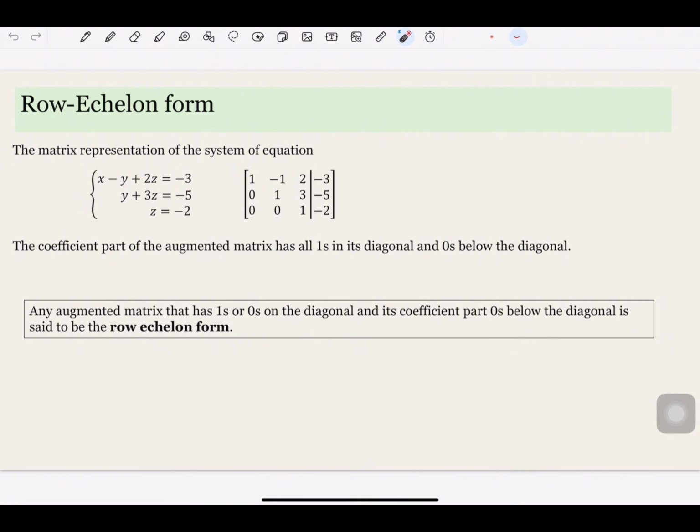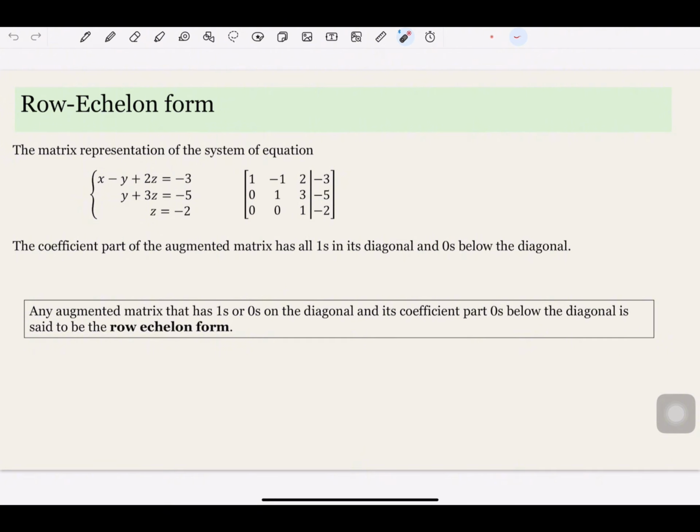Notice something interesting here. This matrix is nicely arranged. The leading entries of each row move to the right as you go down, and everything below the main diagonal of the coefficient part is 0, right?